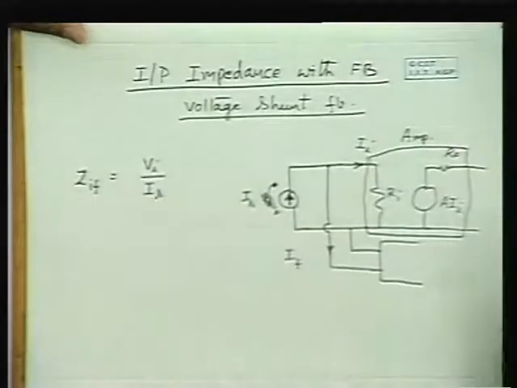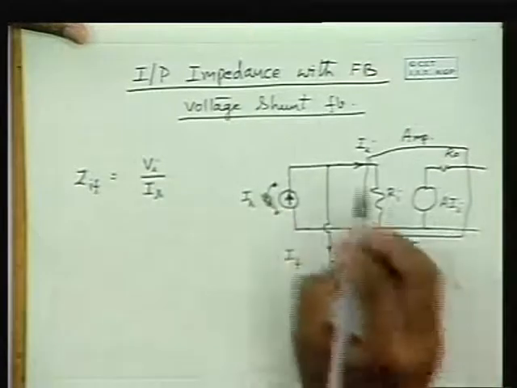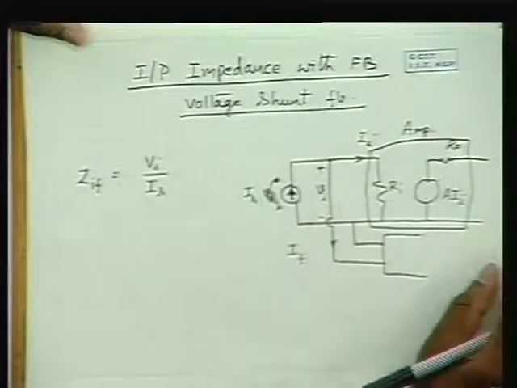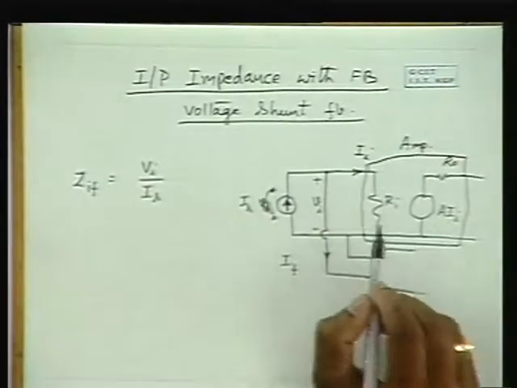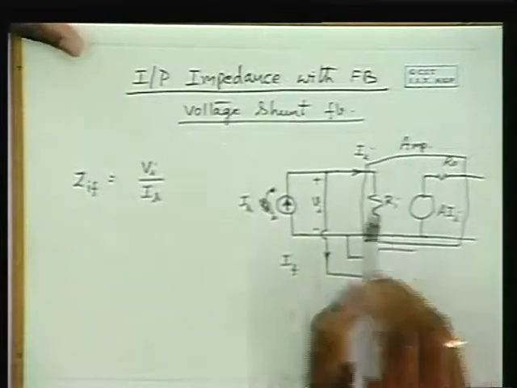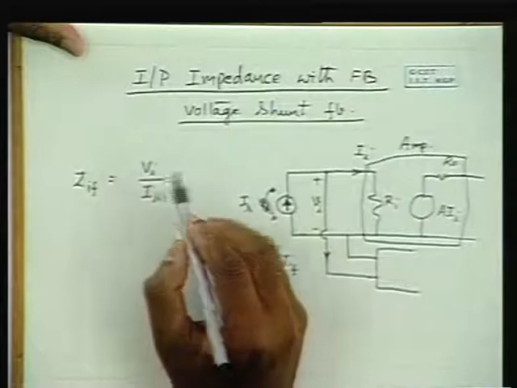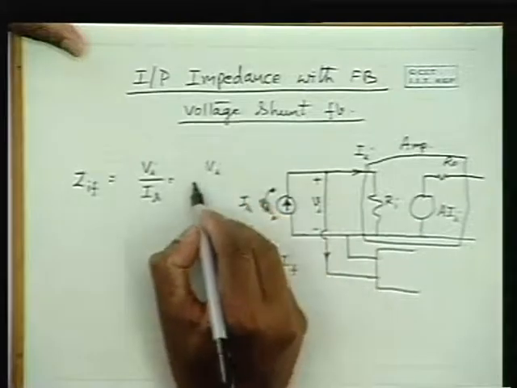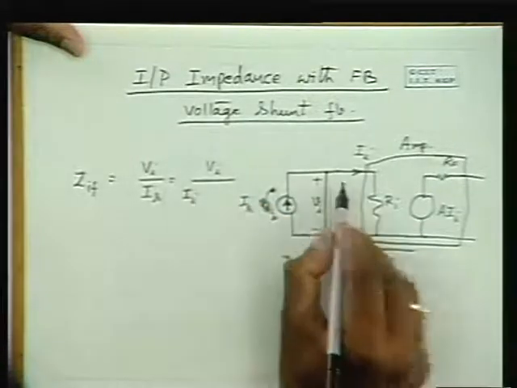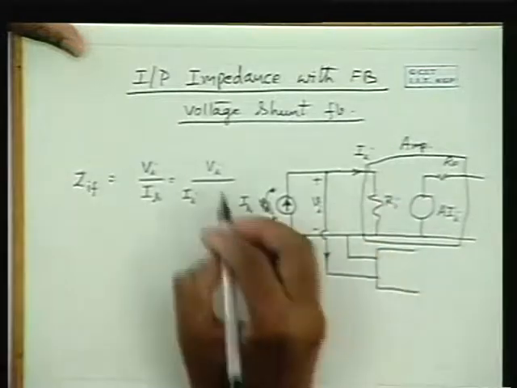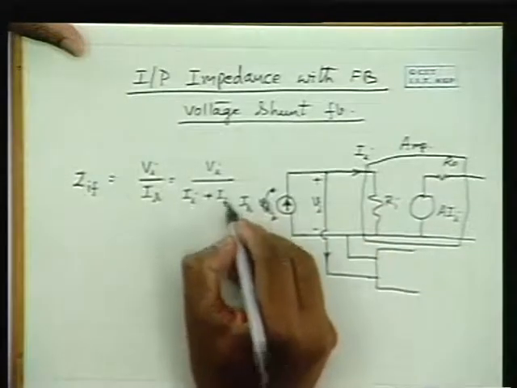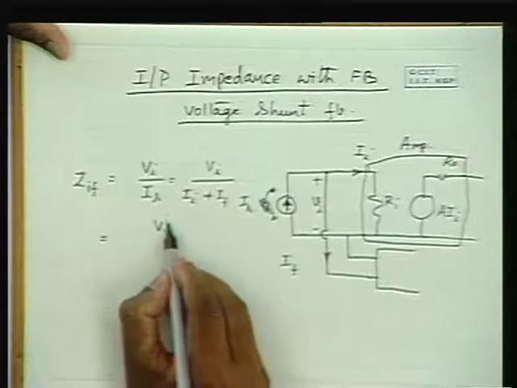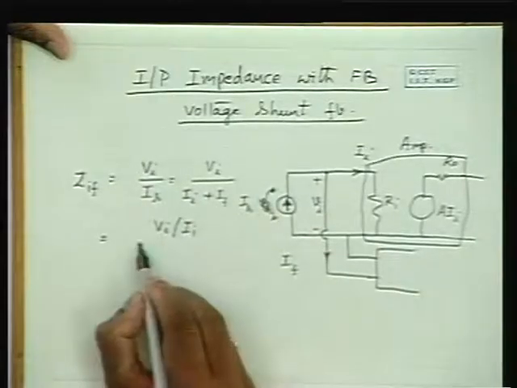That gives the input impedance Rif. Naturally, Is here is equal to Ii, the input current, plus the feedback current. Let me divide the numerator and denominator by Ii.